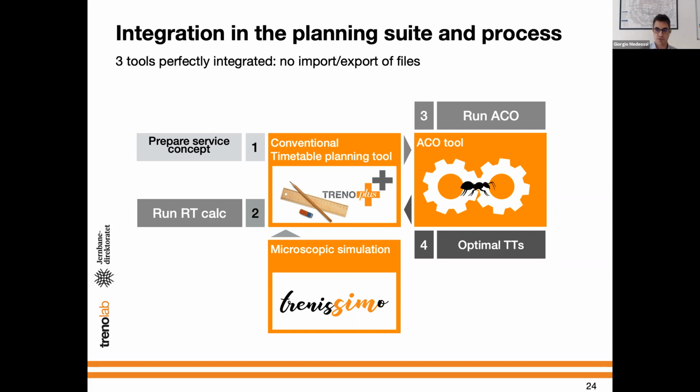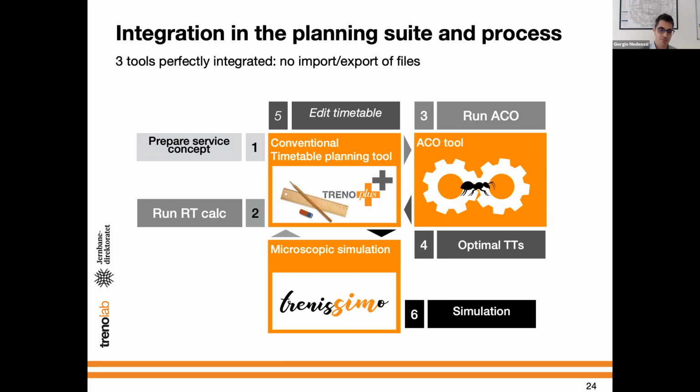So the user, the planner, can decide which seems to be the best and push it back to TRENOlab, where the timetable can be edited as in a conventional timetable planning tool. And from there, it can be pushed to the microscopic simulation tool for a final global validation and robustness test.